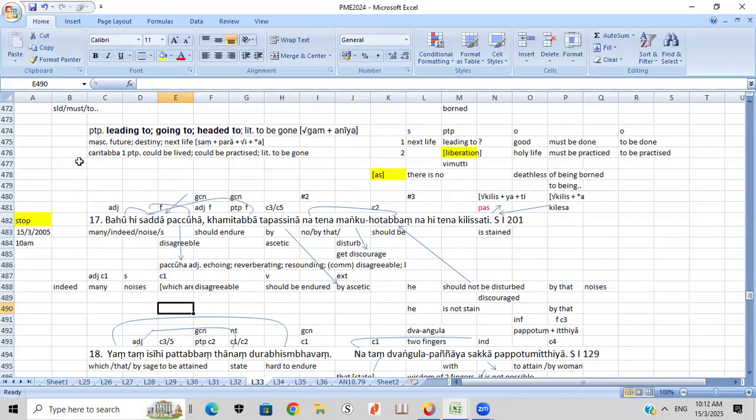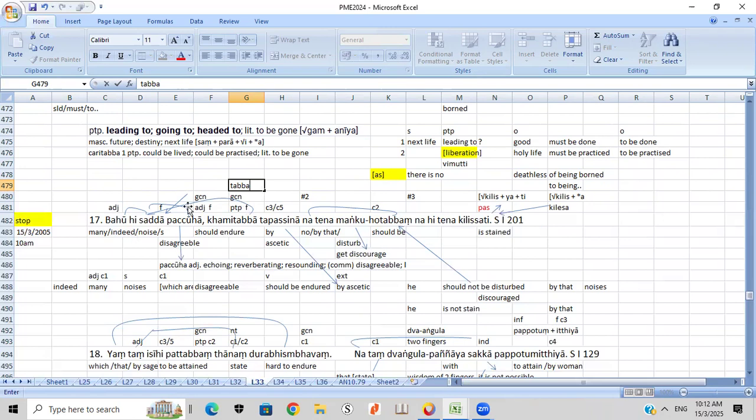So the next one you will see is a potential participle. That means the word tapa. Can you see the word tapa? Normally tapa is a potential participle. In this case, it takes a female ending. So this is a female ending.